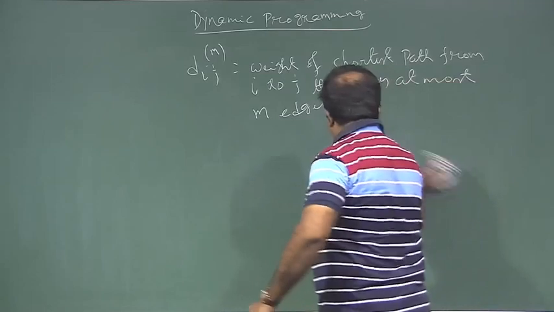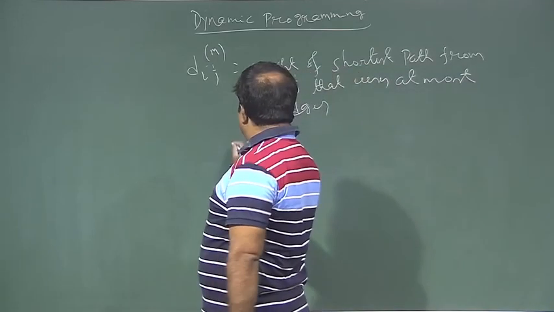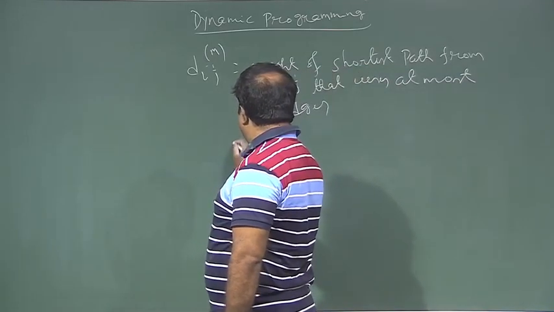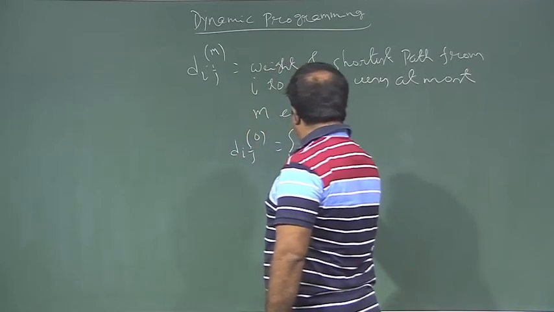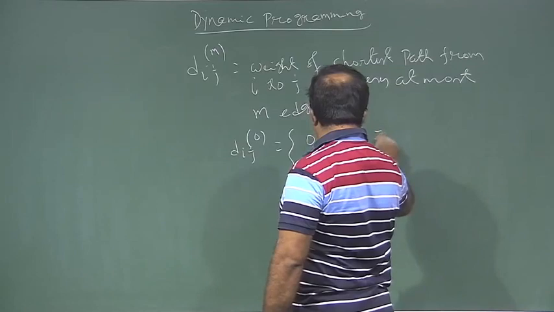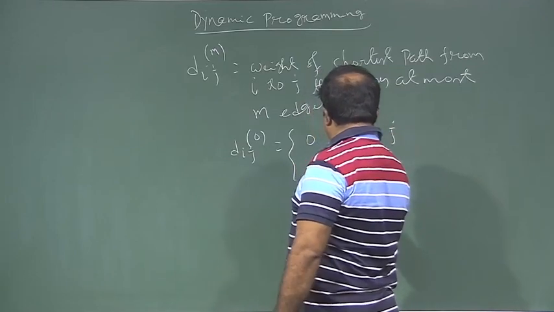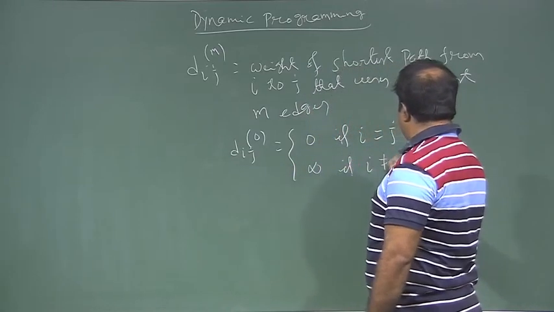And in the last class we have seen this theorem. Base case: Dij^0 is 0 if i is equal to j, otherwise it is infinity if i is not equal to j.